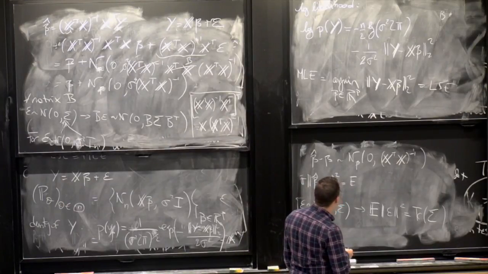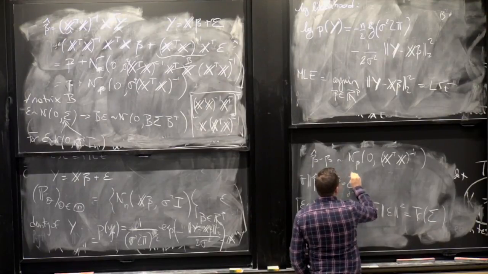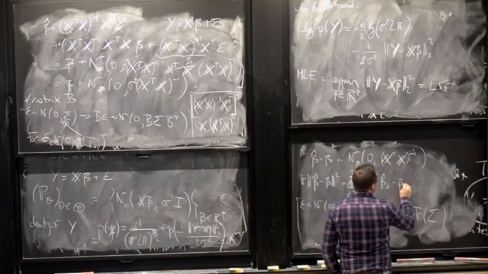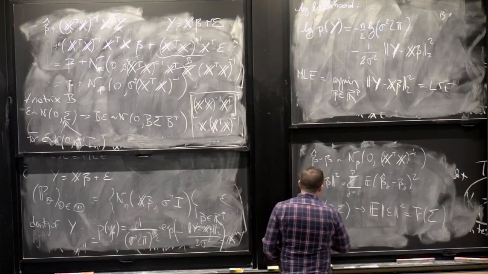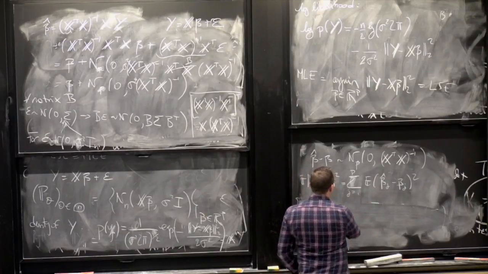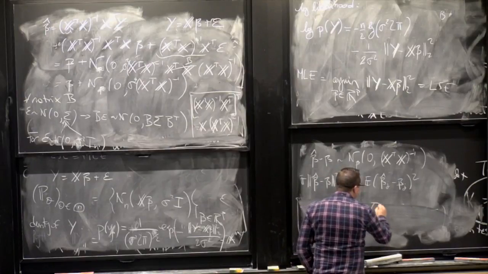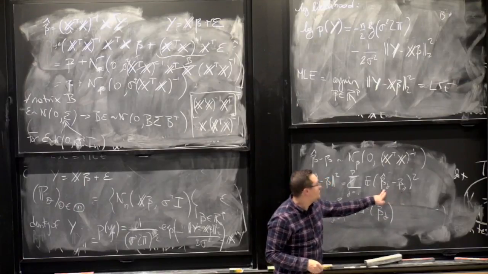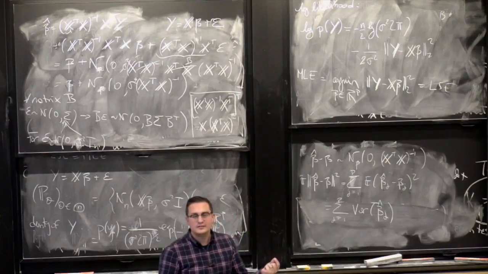Actually, we can probably check this by saying that this is the sum from j equal 1 to p of the expectation of (beta hat j minus beta j) squared. Since beta j is the expectation of beta hat j, this is actually equal to the sum from j equal 1 to p of the variance of beta hat j, right? And how do I read the variances in a covariance matrix?